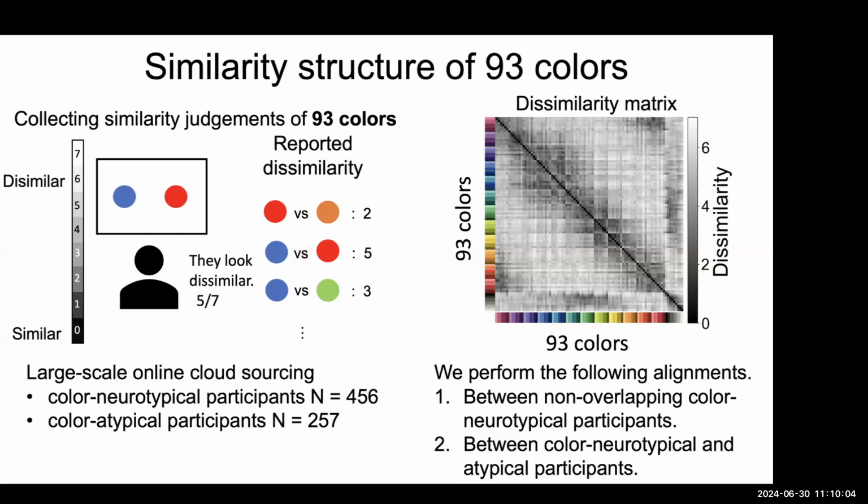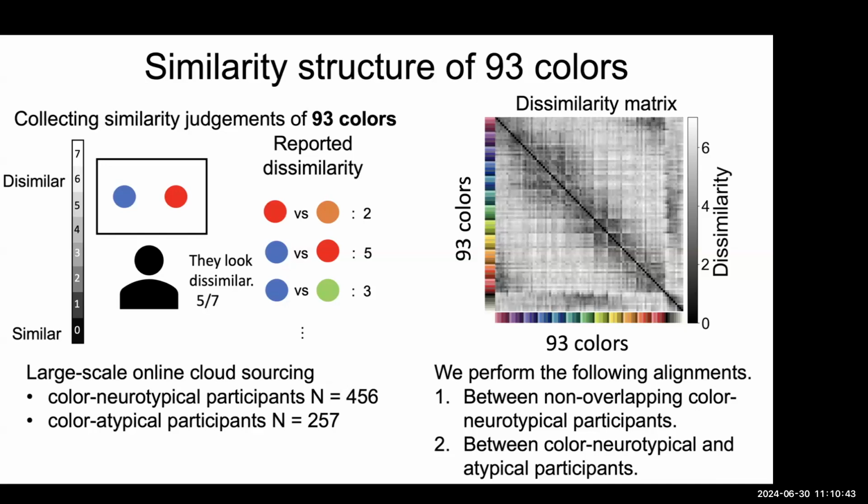Then we obtained this kind of dissimilarity matrix of color neurotypical and color atypical participants. And then we performed the following alignment. First, we assess whether the structures are aligned between non-overlapping color neurotypical participant groups. And also, we assess whether the color structures are aligned between color neurotypical and atypical participants.